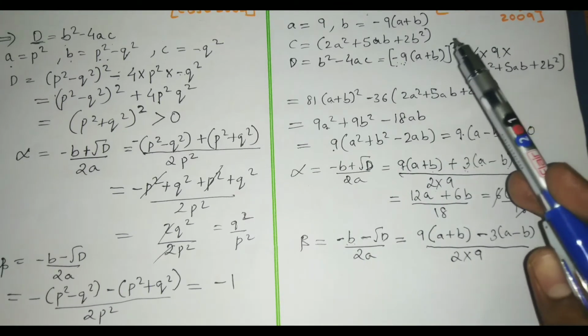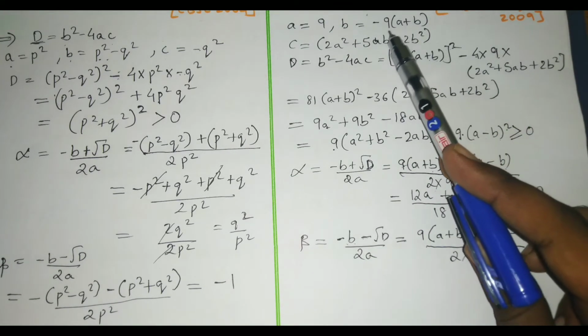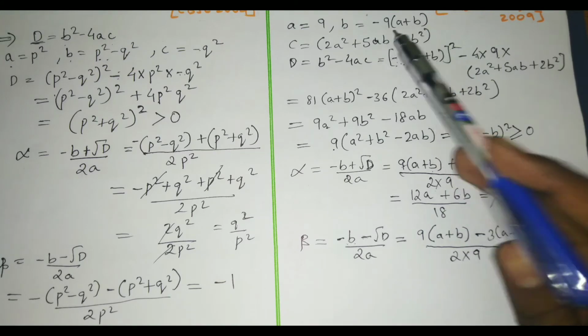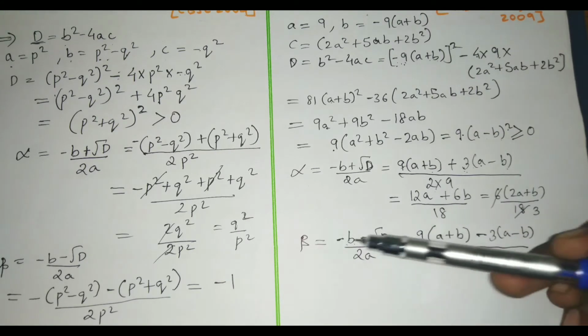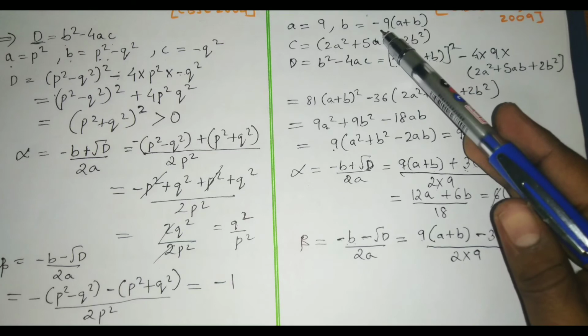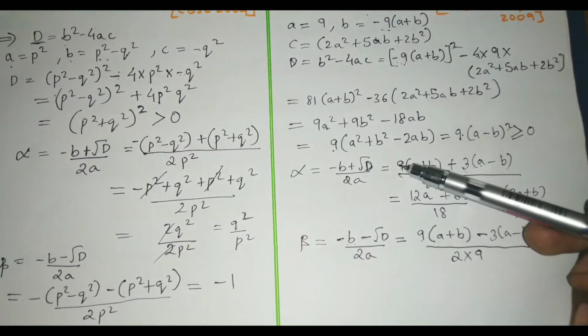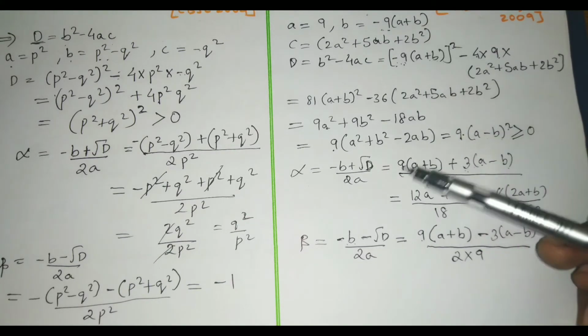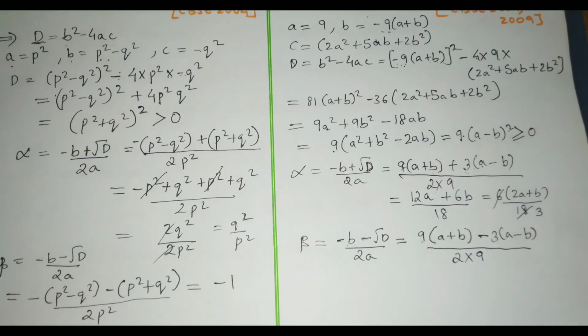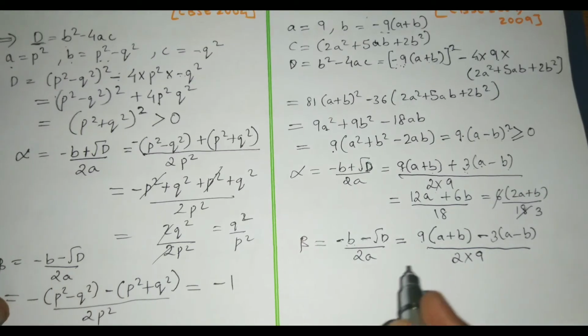B is nothing but minus 9 into a plus b. So I have directly written here a positive sign, because minus into this minus will be plus. Here also same thing, minus into minus will be plus, so I have written directly here. Fine. Now you have to simplify this equation.